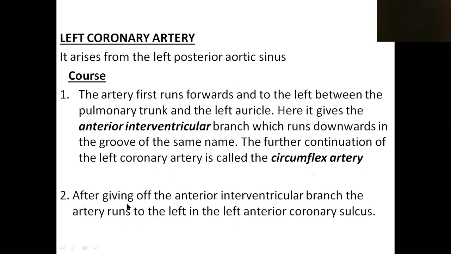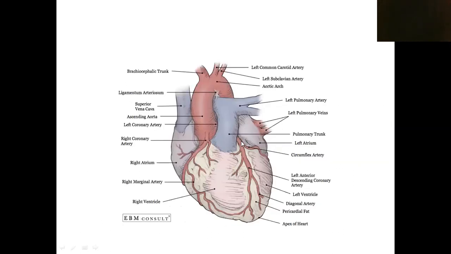Okay, after giving off the anterior interventricular branch, the artery runs in the left anterior coronary sulcus. That point is already clear. After giving this anterior interventricular artery, this left coronary artery lies in this anterior atrioventricular or anterior coronary sulcus. Anterior, which side coronary? Left.